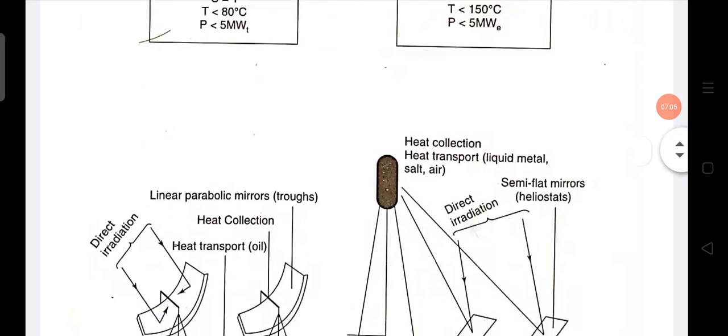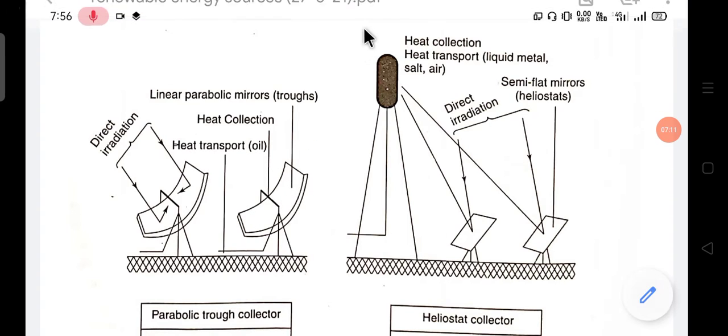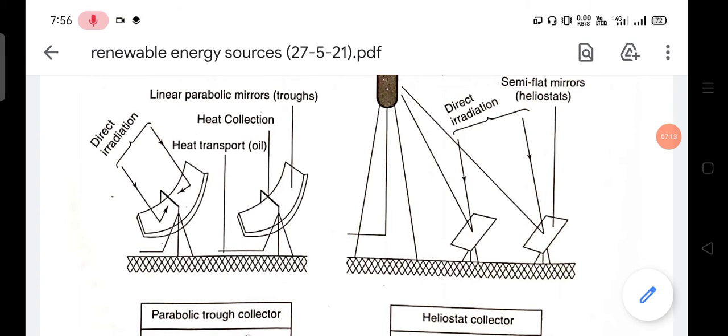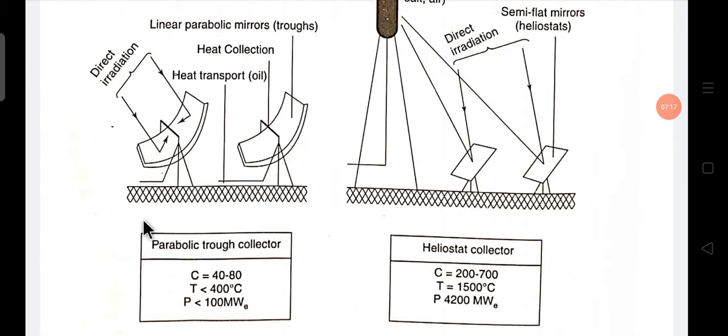Here the parabolic mirror concentrates, or focuses, the solar radiation onto the absorber rod.